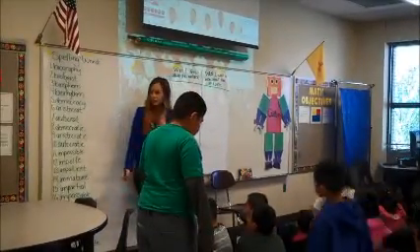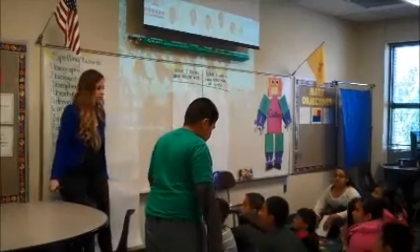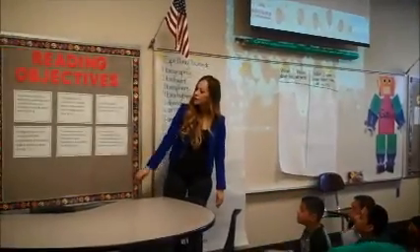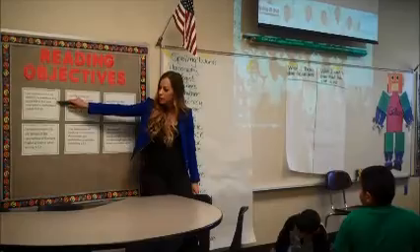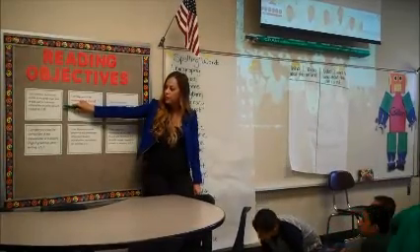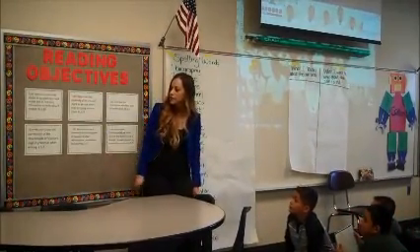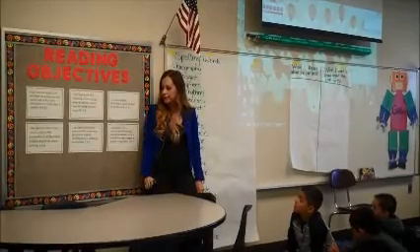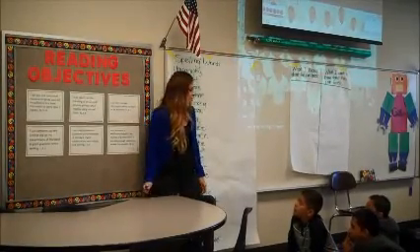All right. I want everyone to look over here. This is our objective for today. I can read and understand stories at my grade level and reread text to find more information or clarify ideas if needed. So what does this mean?